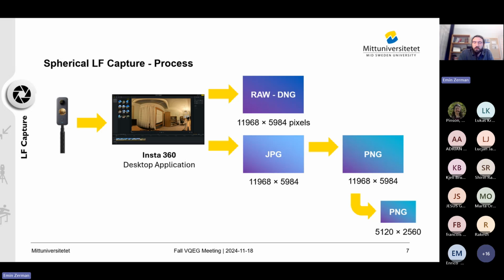Because of space constraints, we had to use JPEG images, which is likely perceptually lossless compression. Then, to ensure that we haven't changed the quality further, we converted them to PNGs and reduced the size, because most headsets that we use do not require that big of a resolution.